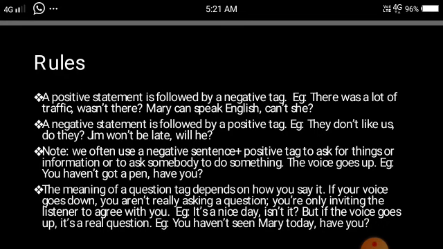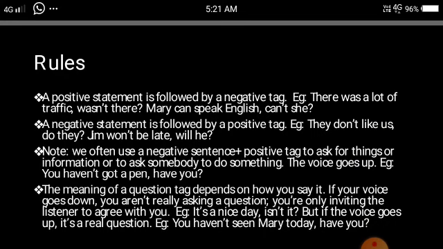I've given you two more examples here. There was a lot of traffic. Positive statement. Wasn't there? It becomes a negative tag. Was is the auxiliary verb.